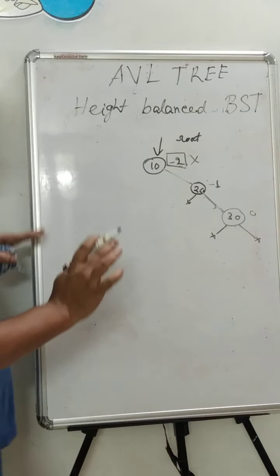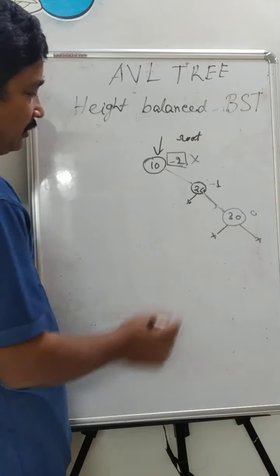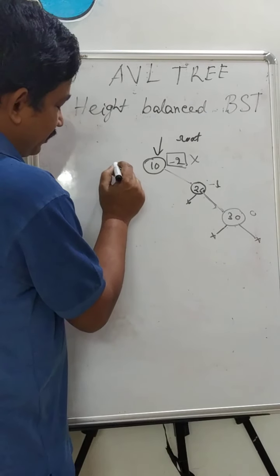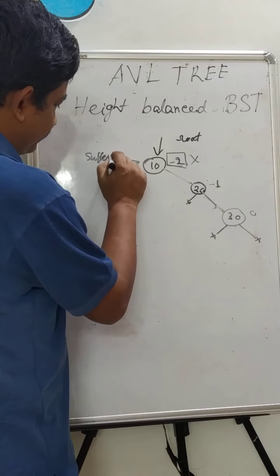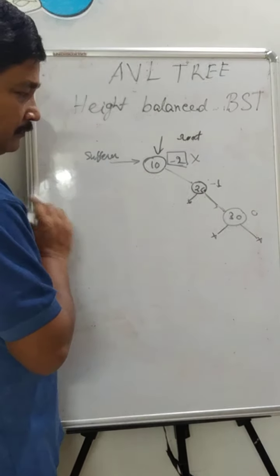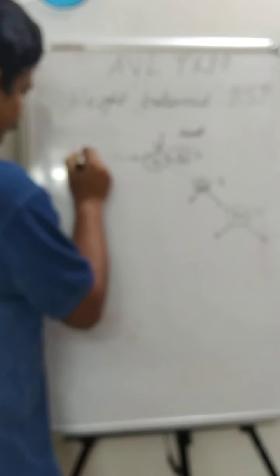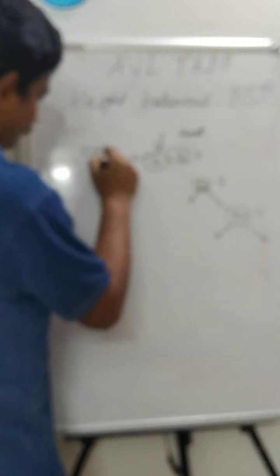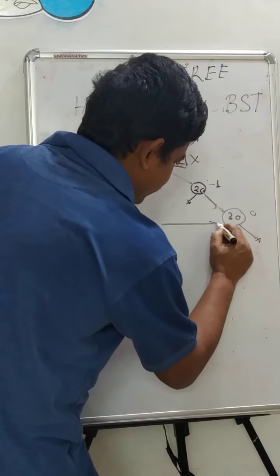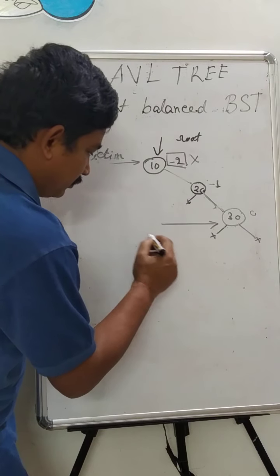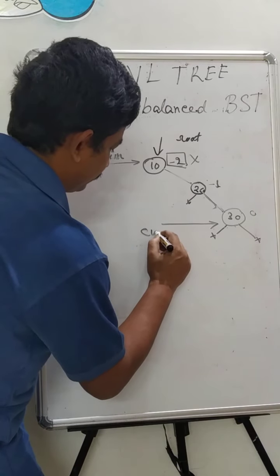So for ease of reference in our discussion here, I will use the term sufferer, or victim, for this node, and I will refer to this newly inserted node as the culprit.